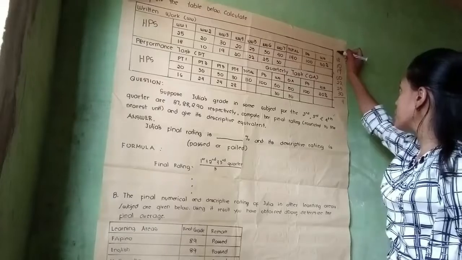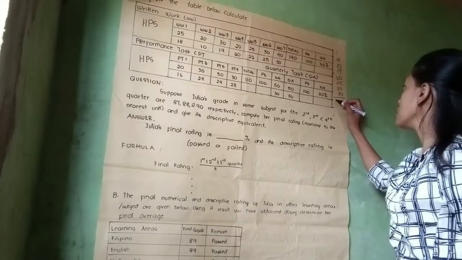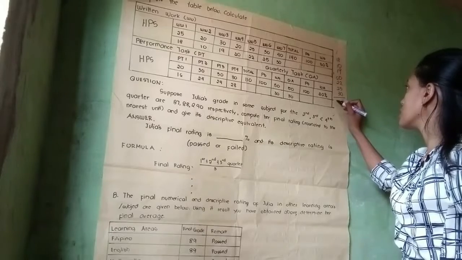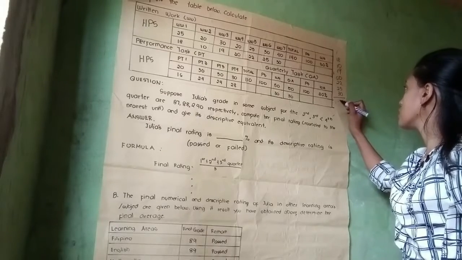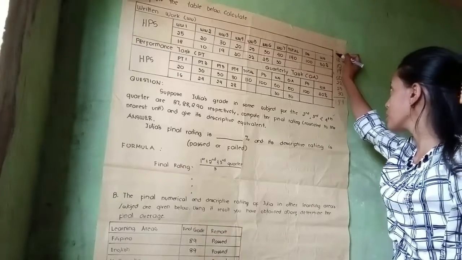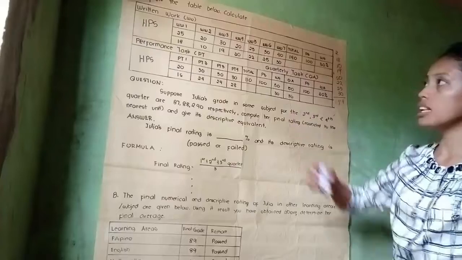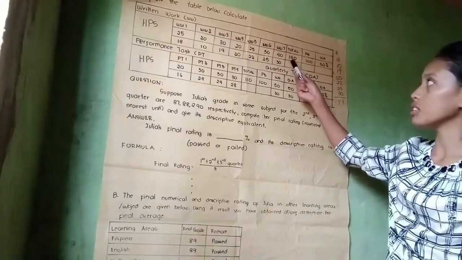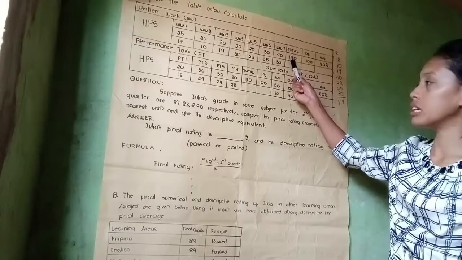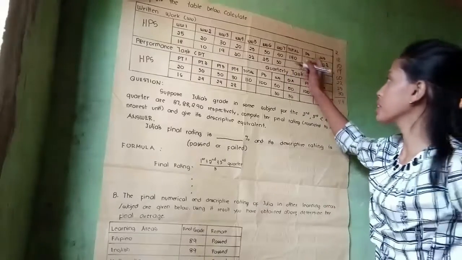Total is 4, 10, 3, 5, 9, 10, 11, 12, 13, 14. So the total in the written work is 114.